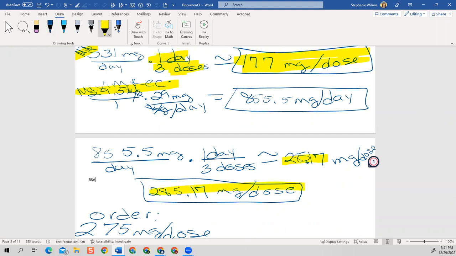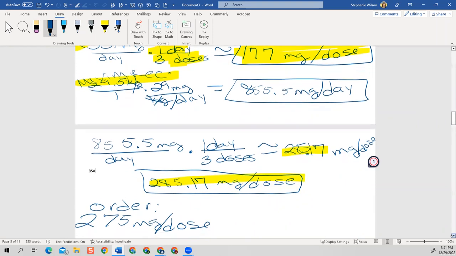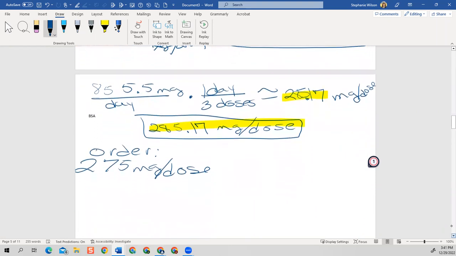So now, to determine if this is safe, the order has to fall between that. It can equal either the minimum or maximum, but it has to fall between. So basically what it's saying is my recommended minimum is less than or equal to my order, which is less than or equal to my recommended max.